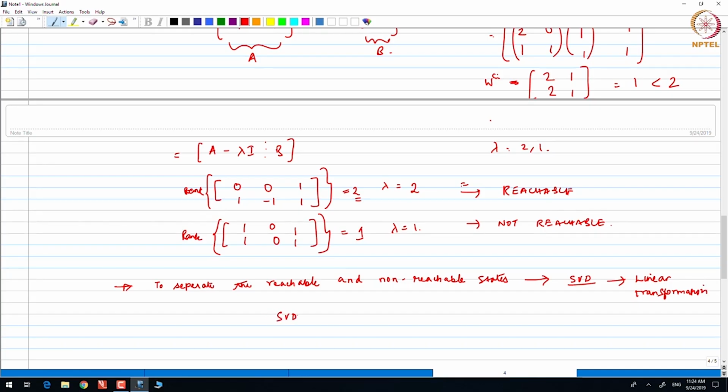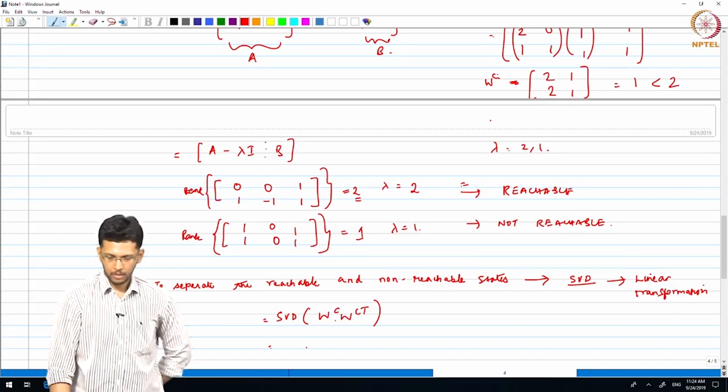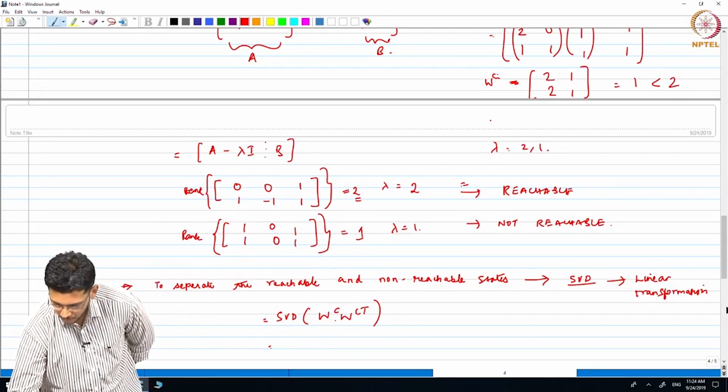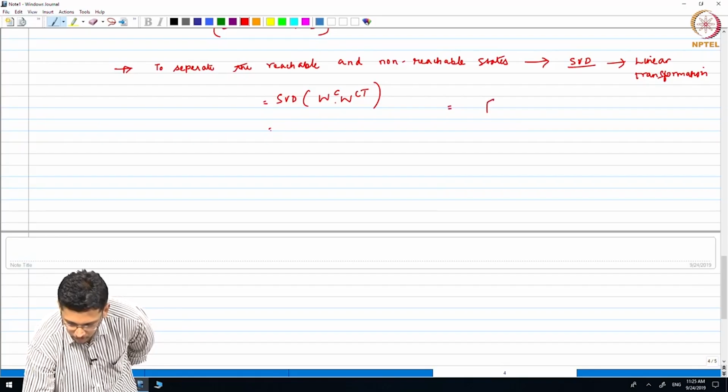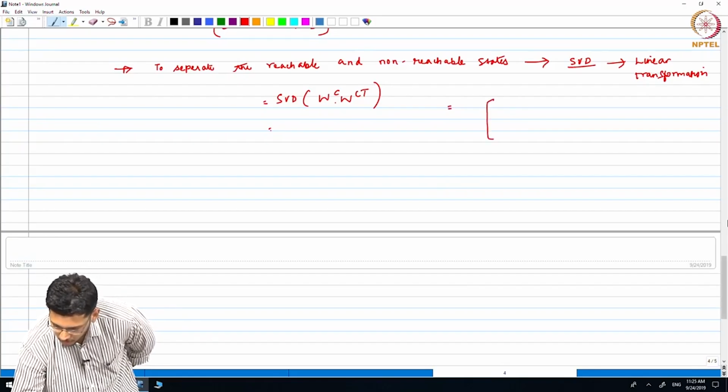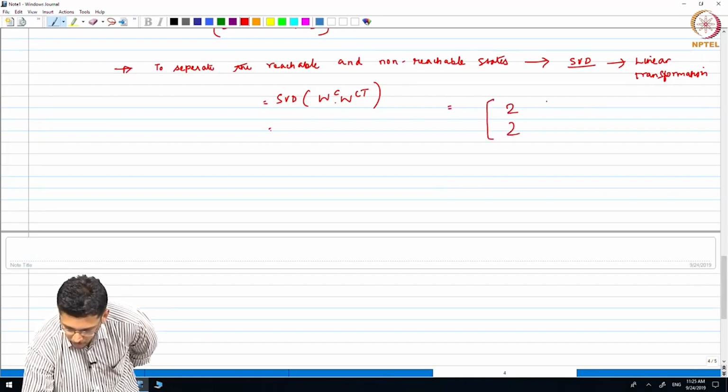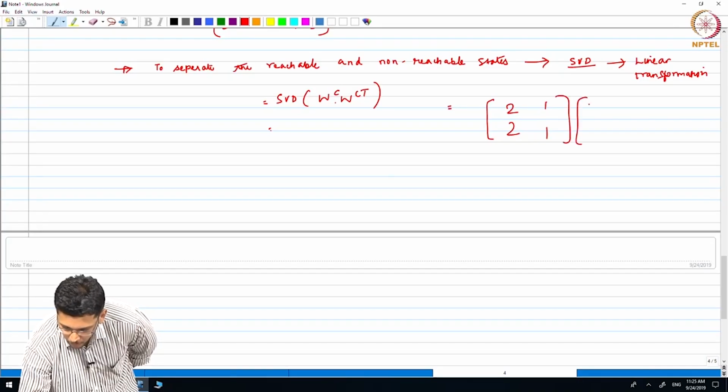So, SVD of your controllability matrix multiplied by its transpose. I will try that in parallel and let us see. I think it is 2 2, 2 1.